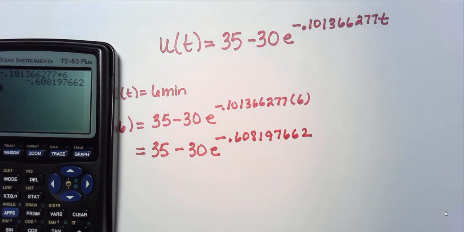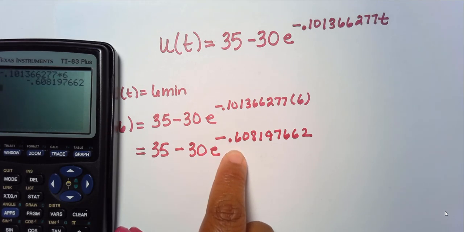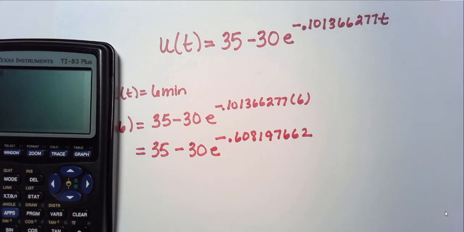Now I'm going to work backwards as I enter my information. I first want to find e raised to this negative power. Second, ln gives us our base e, and we enter negative 0.608197662, close the parenthesis, and press enter.